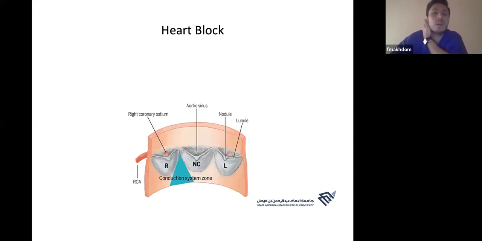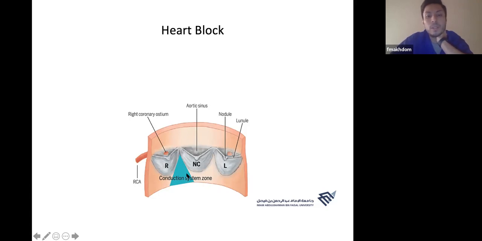The other complication with TAVI is heart block. As we discussed earlier from anatomy, the conduction system runs between the right and the non-coronary sinus or commissure in the membranous septum. Usually during surgical aortic valve replacement, we take very superficial bites and pay a lot of attention in this area, not to disturb the conduction system.